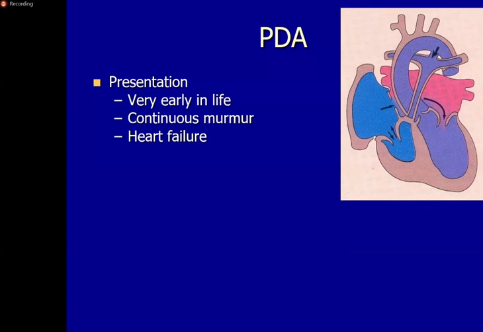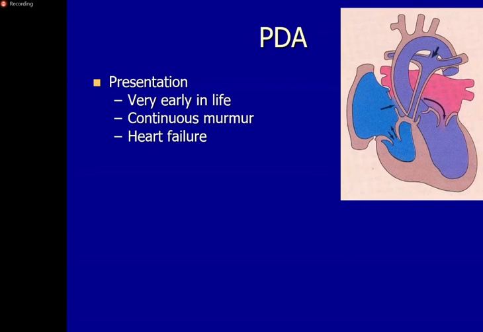So because of that, there will be a continuous murmur throughout the heart cycle, between the first heart sound and the second heart sound, as well as between the second heart sound and the first heart sound. Of course, the intensity will vary, because the systolic blood pressure of the aorta is 120, which will drop to 80.